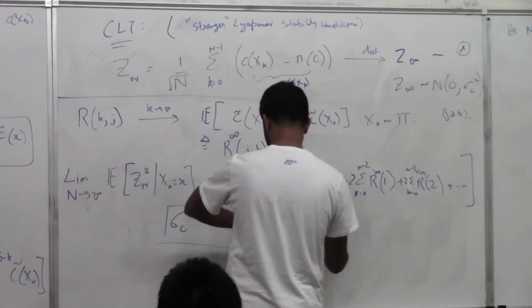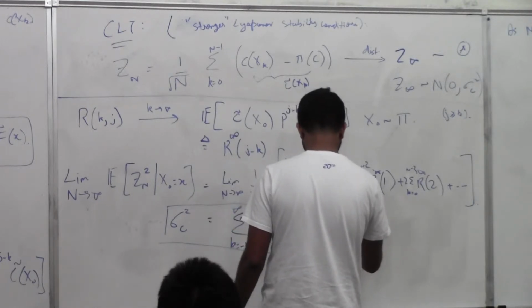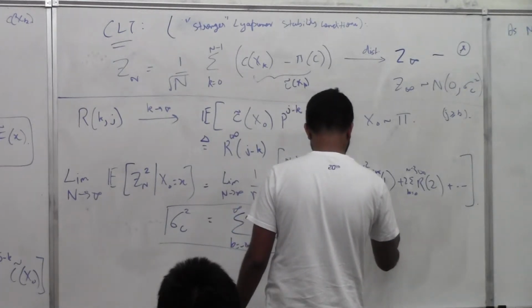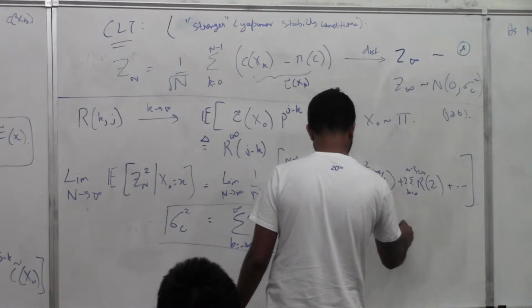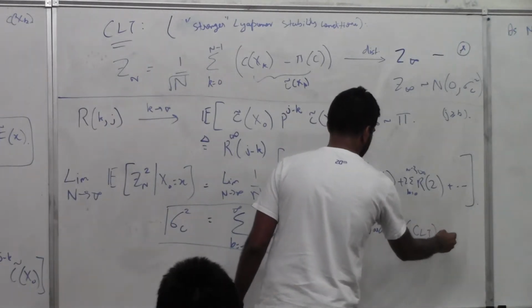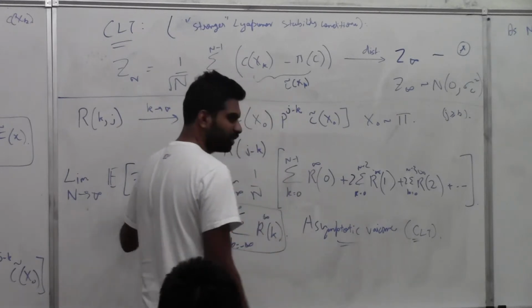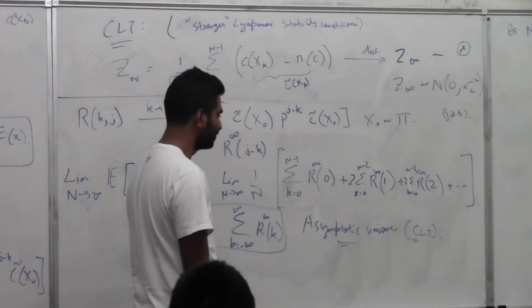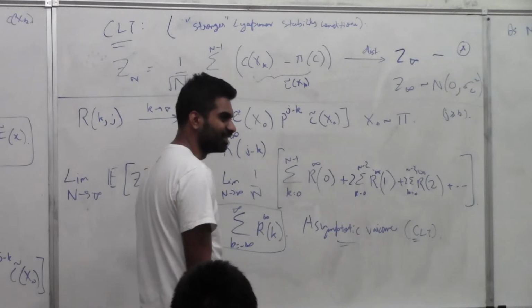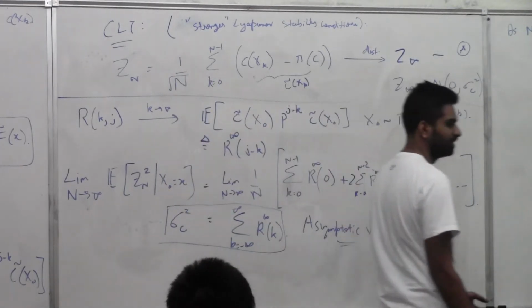It's funny, that is given by the CLT. So we write papers using these things, and people don't know what it means. They ask what the definition of asymptotic variance is.